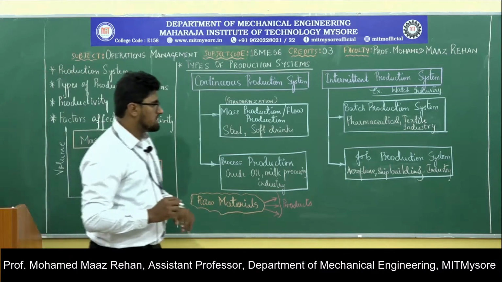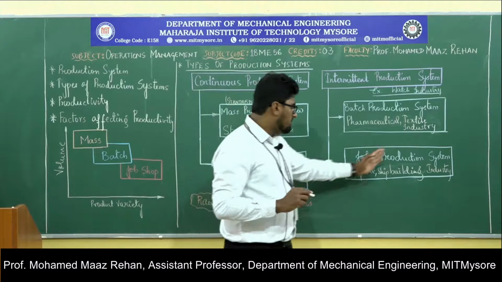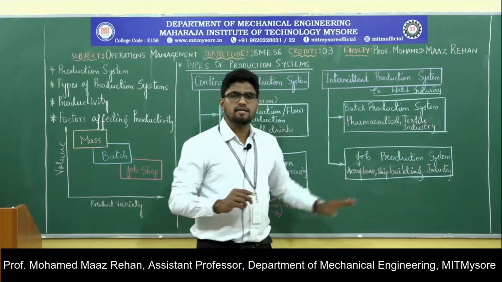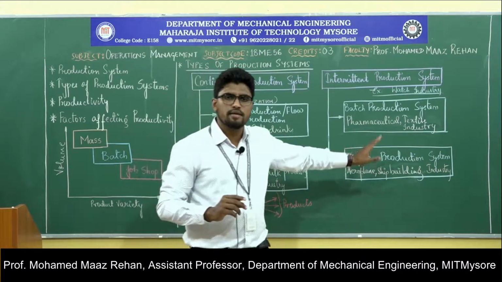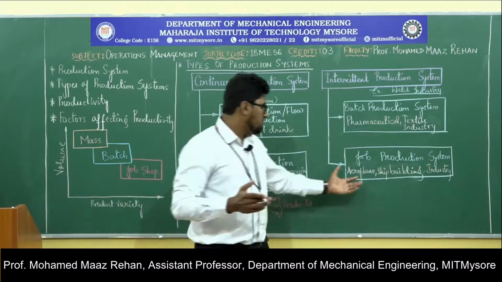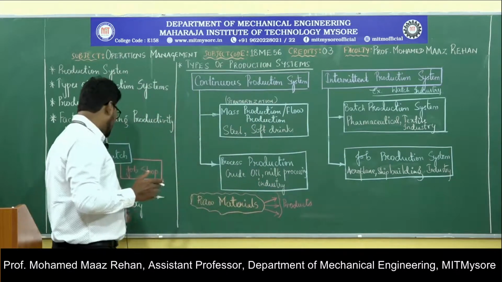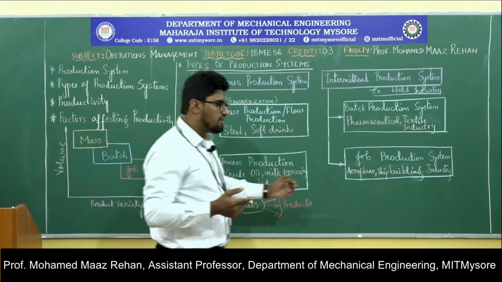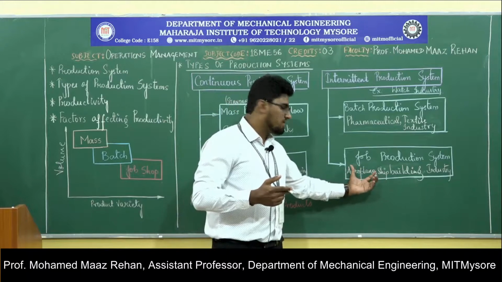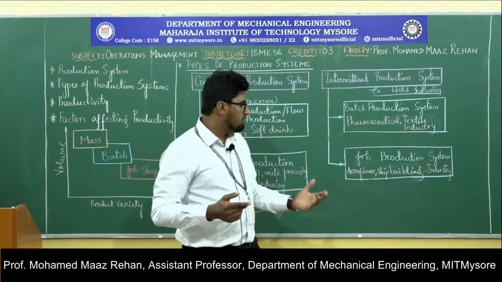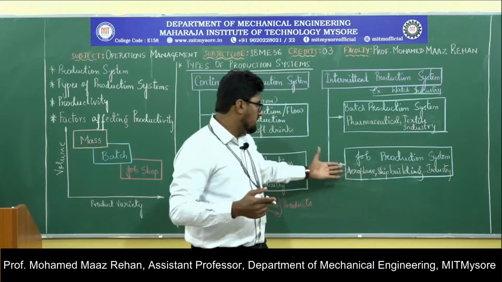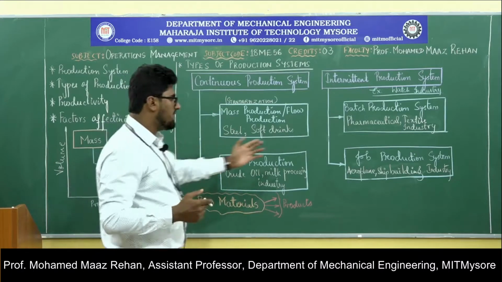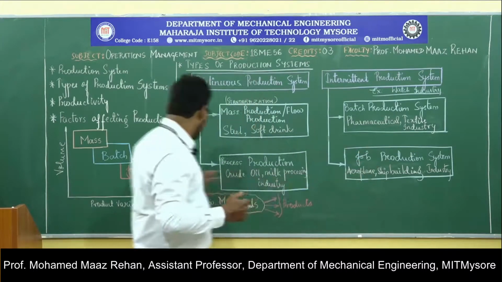Moving on to the next type, the job production system. Here, production happens based on customer orders. In a job shop, we have very high product variety and very low volume. For example, aeroplanes and the shipbuilding industry, where the number produced is very small.